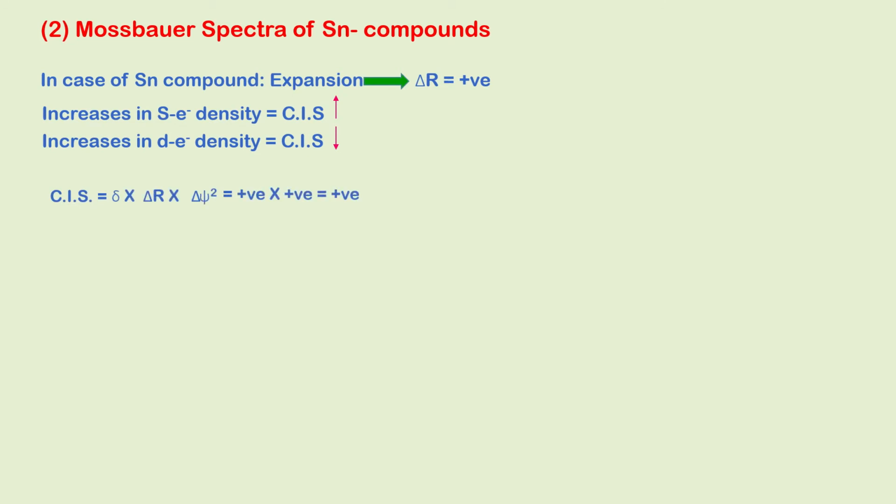So CIS is positive as delta R is positive and delta psi square is also positive. So overall CIS is positive.